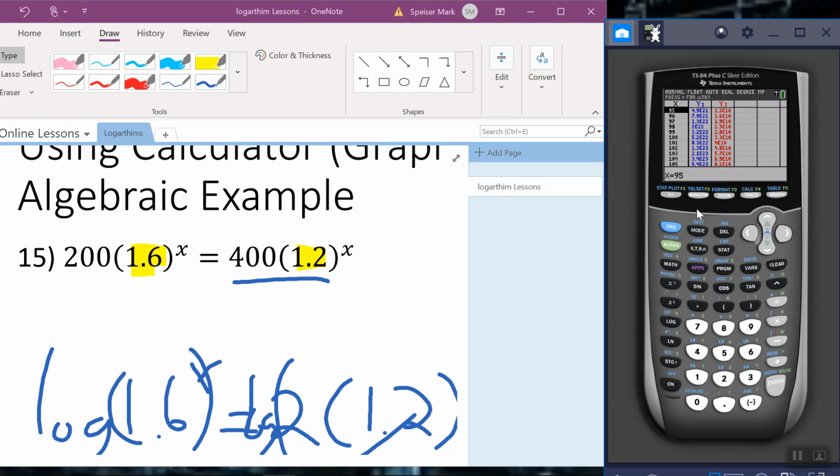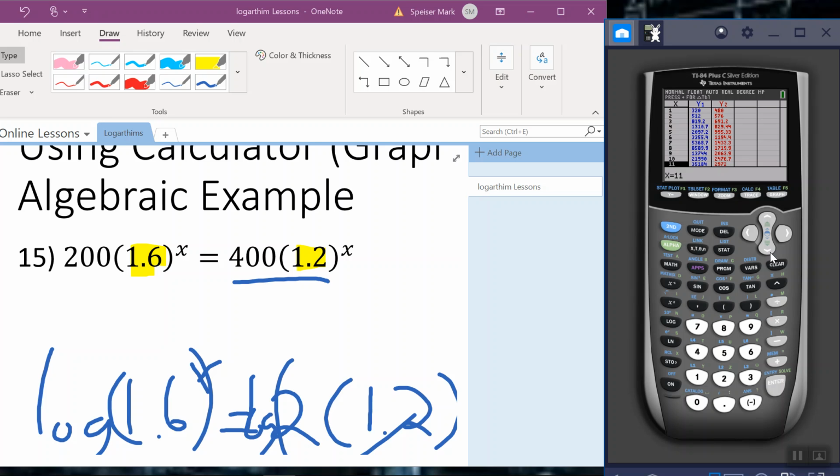You start your table at 0, at 200 and 400, then you see 320, 480, 512, and so on. After 10, after 11, you'll notice that the first one exceeds the second one. So x is approximately 11.